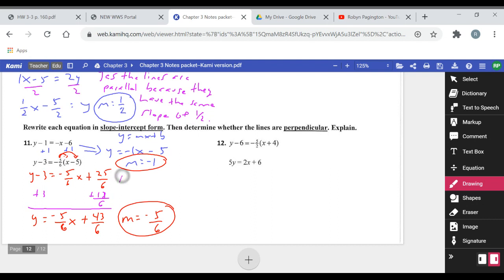So I need to say no, the lines are not perpendicular, because the slopes of -1 and -5/6 are not opposite reciprocals.